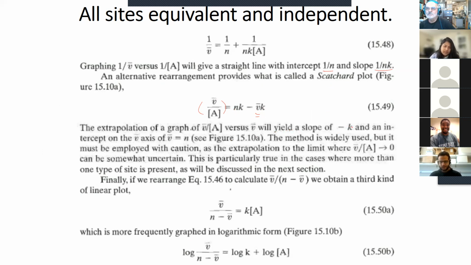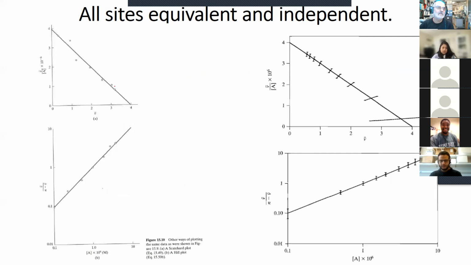It will have a slope of minus K, and it will end up having an intercept of n. So it will give you information about the binding from the plot that way, and that's shown here.